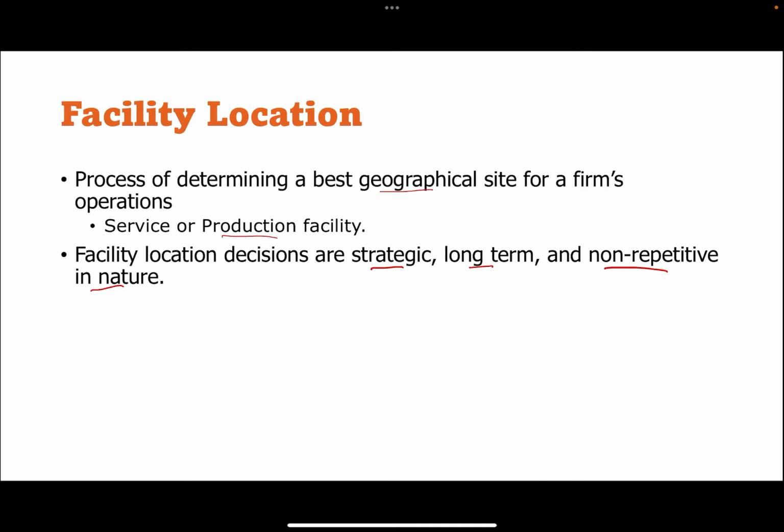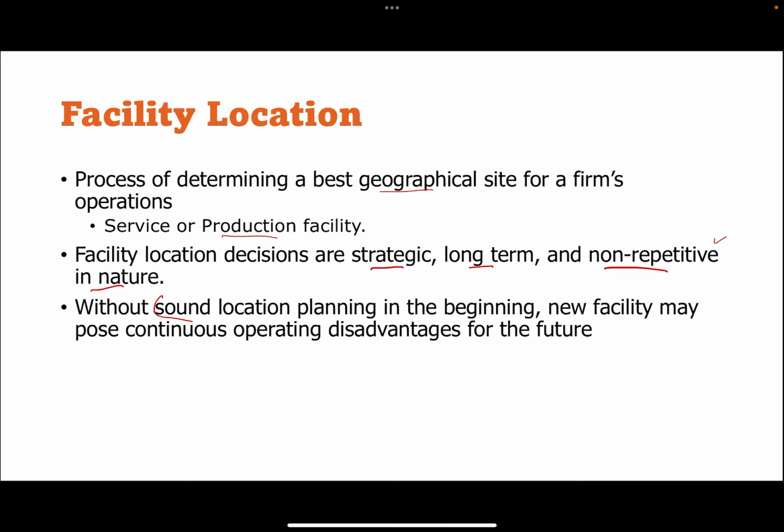Whenever you find a location for a manufacturing facility, these are strategic decisions taken by the top level officers or the directors of the company, because once you build a manufacturing facility in a particular place, it is not easy to change from one area to another. So that means this is a long term decision, and this is non repetitive. You cannot make the decision again and again. That is why this is very crucial.